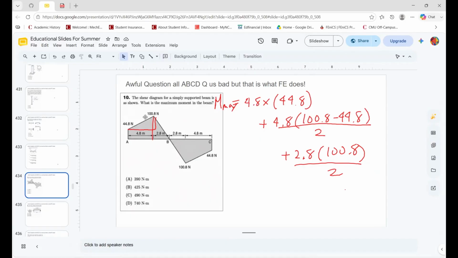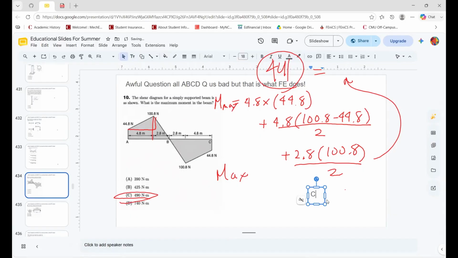Grab your calculator and enter it all in, equals M max. This equals 491. There you go. I got 490.56 actually, but we round up, so there you go. That should be it.